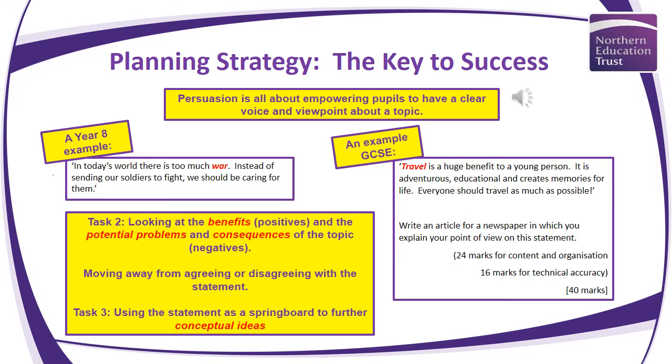And then we've got the idea of a conceptualized response. As well as looking at the benefits, be thinking about the potential problems and the consequences if something goes wrong. Because we all know that including a counter-argument can often make our persuasion more effective if done correctly.